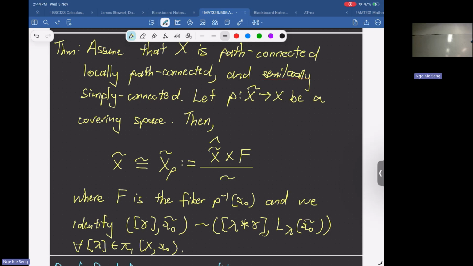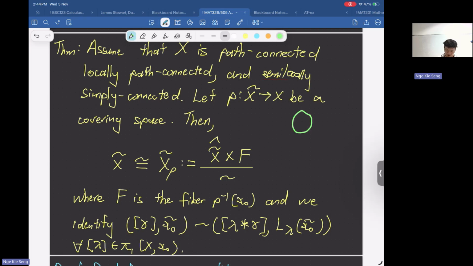So what kind of example do you want to think of? Let's look at our example of S1 wedge S1. So just now we got an example, right? Maybe I shouldn't draw this one.